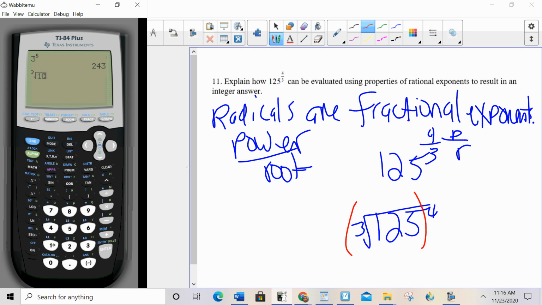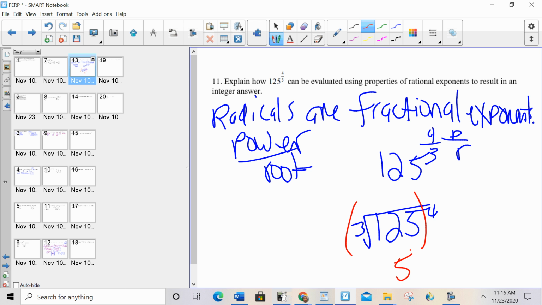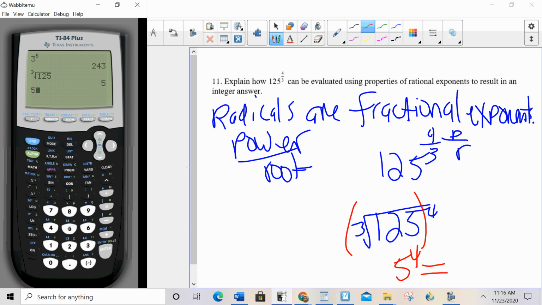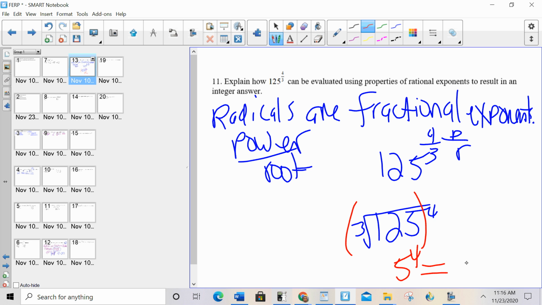Cubed root of 125 is 5 to the 4th power. I can do that mentally, but that's a little trickier. I think it's 625, but we can do 5 to the power of 4. Yes, I got it right.